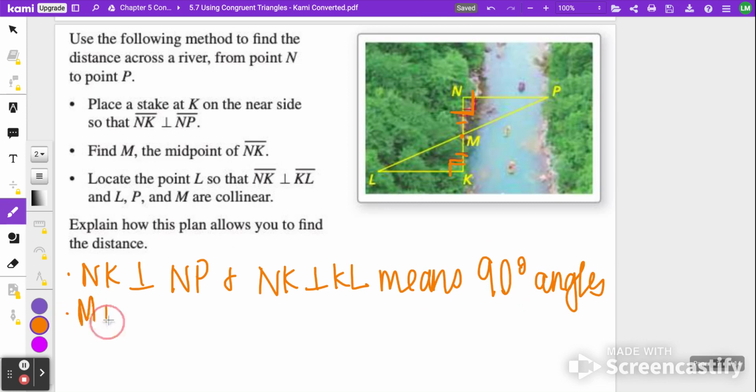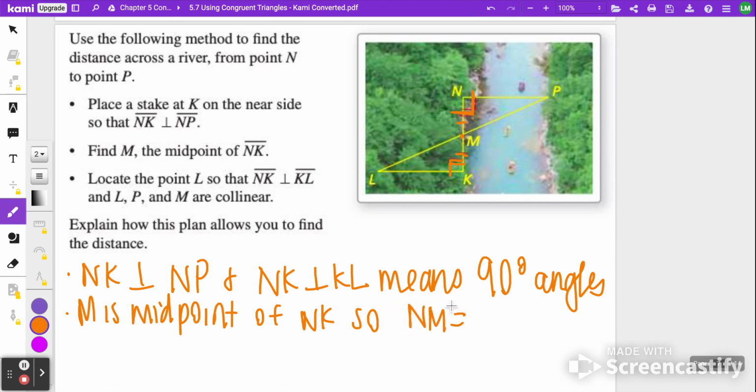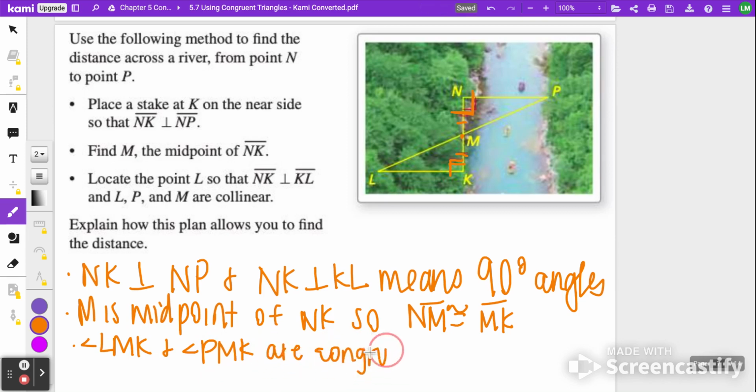We know M is the midpoint of NK, so NM is congruent to MK. And if we look at our angles, angle LMK and angle PMK are congruent, because that tells us we can use the vertical angles theorem.